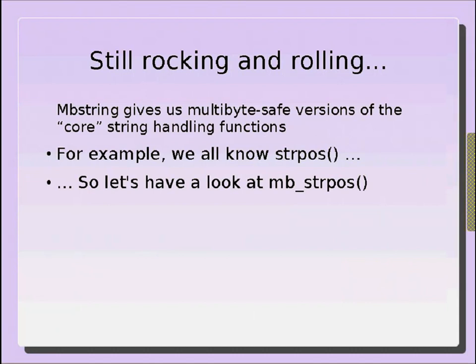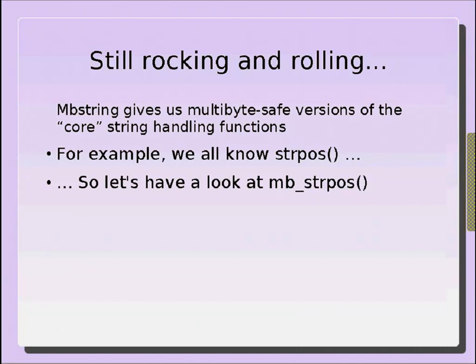Okay, so that was string length. Let's look at one more multibyte version of a function we probably already know, which is string position. String position is basically giving you the position in a bigger string of a smaller key string. You're finding one small string in a bigger string, basically.